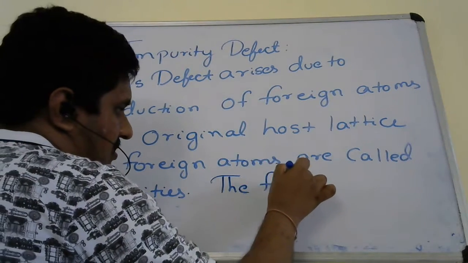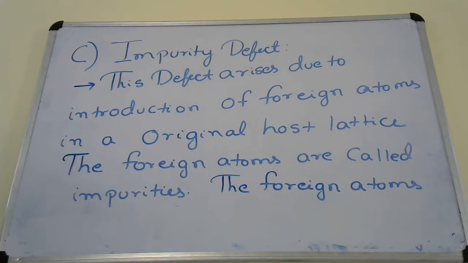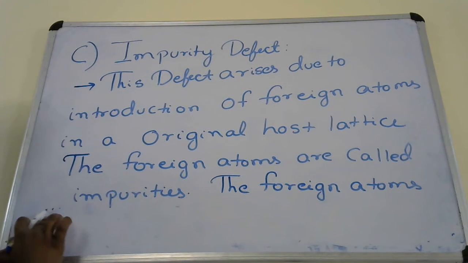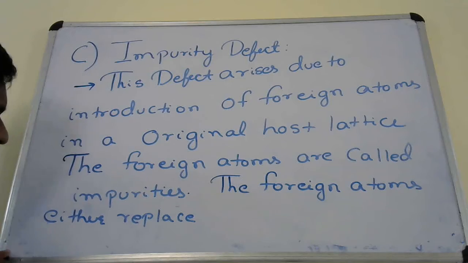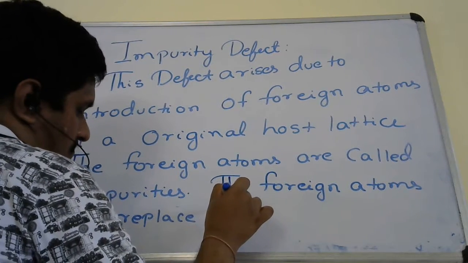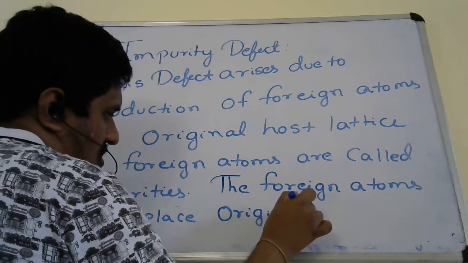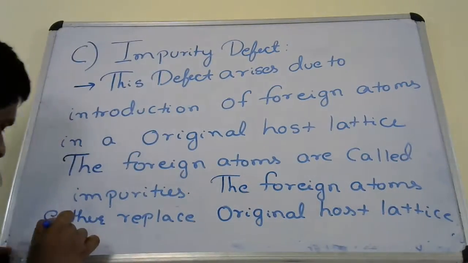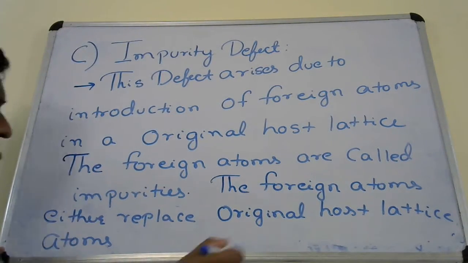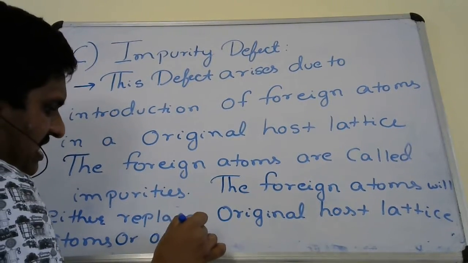The foreign atoms will either replace the original host lattice atoms or occupy the interstitial site.